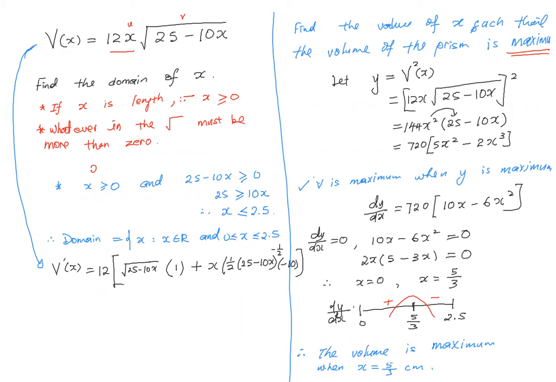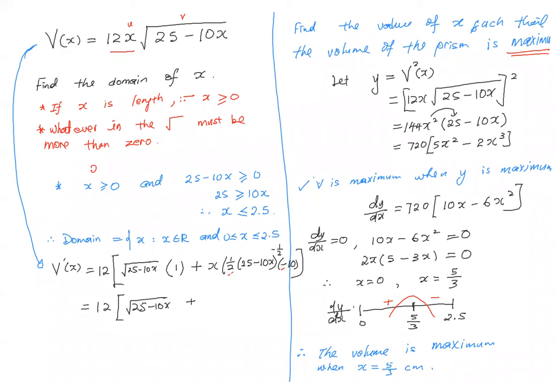You see? So this one will be 12 times the square root of 25 minus 10x, plus, here is a minus, so -10 times half.